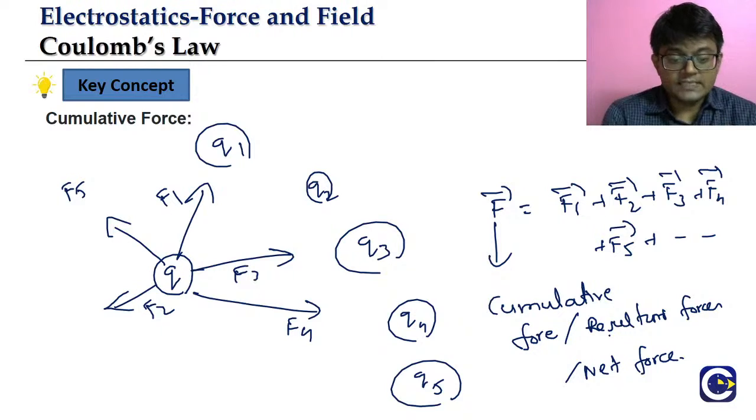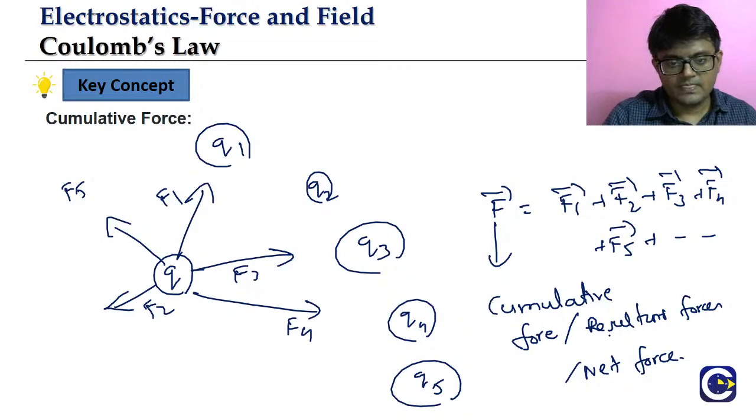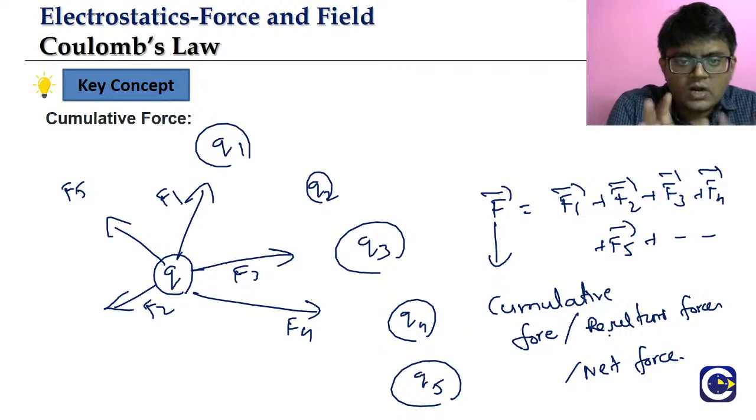Whenever a charge is surrounded by multiple charges and you want to find the force acting on it, we find the force coming onto this particular charge from each of the others, and add all these forces using vector principles. Okay, this is the concept.